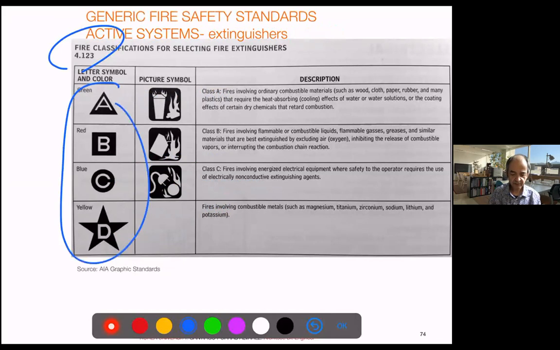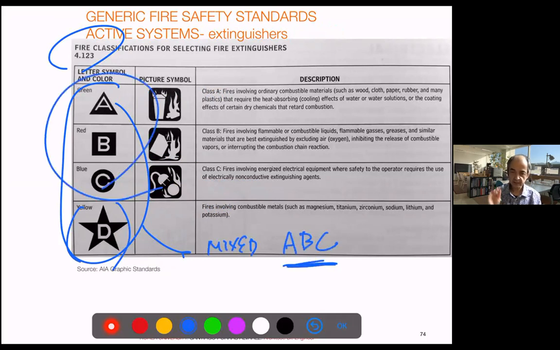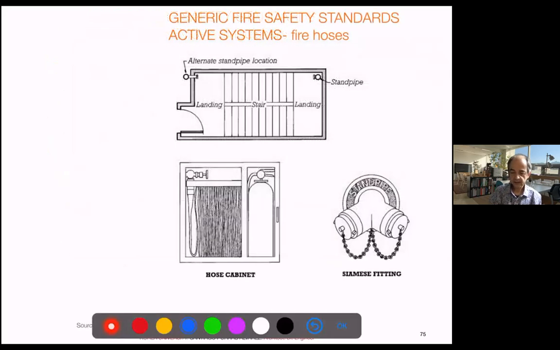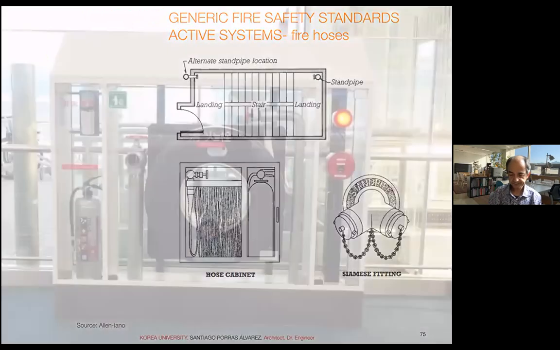Usually we try to have the mixed ABC. It's not a brand, but it means that that extinguisher will be able to handle any kind of fire, unless you're in a very specific use in which you can choose the extinguisher. The fire hoses are usually in safe spaces, so the firemen can safely access and then use them in the building. So it's in the stairs or safe corridors.